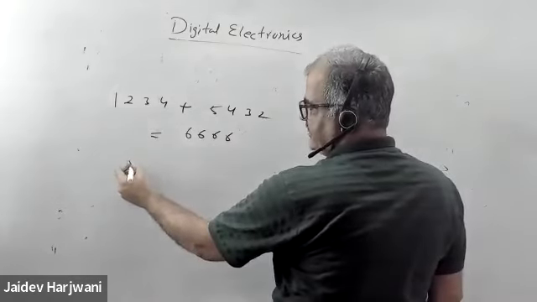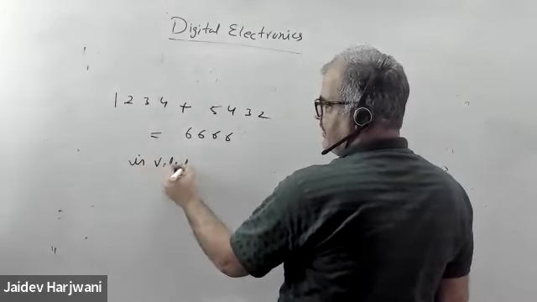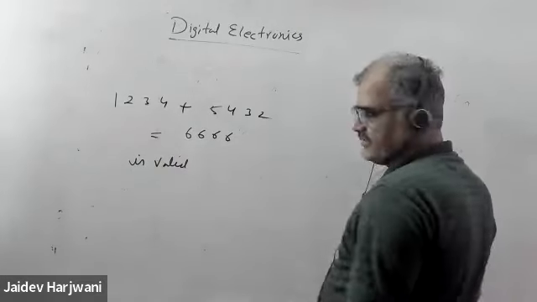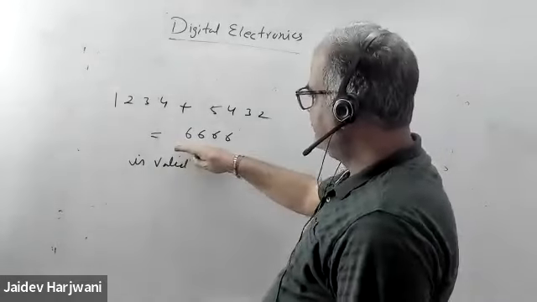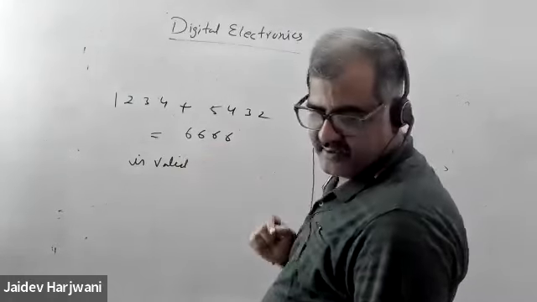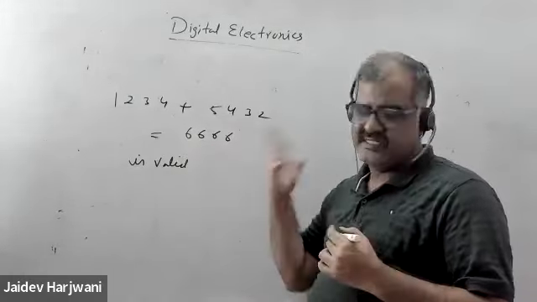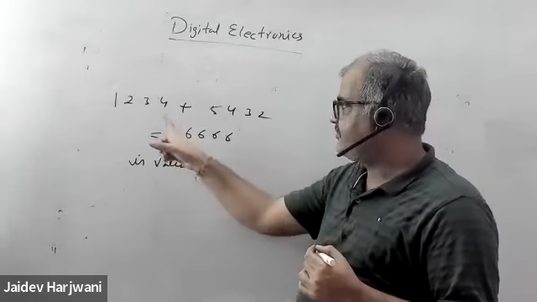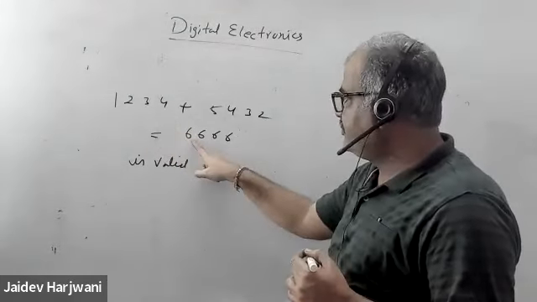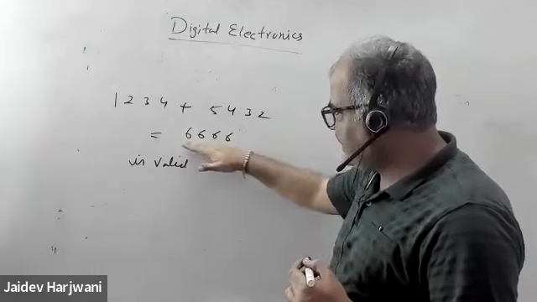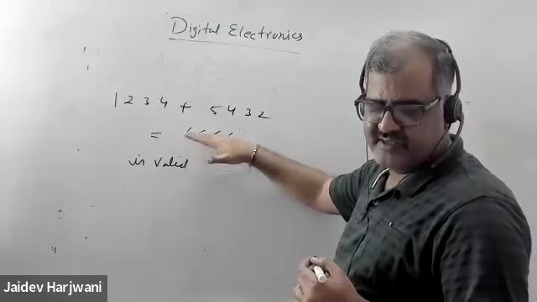Which number system is valid? Decimal. Decimal and octal. Decimal is valid. Whether it is valid in octal? Yes, sir. Octal also valid. Because at any base which is higher than these digits, these numbers can be valid for this number system.